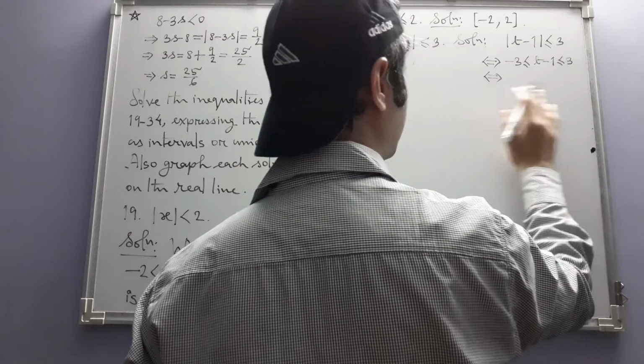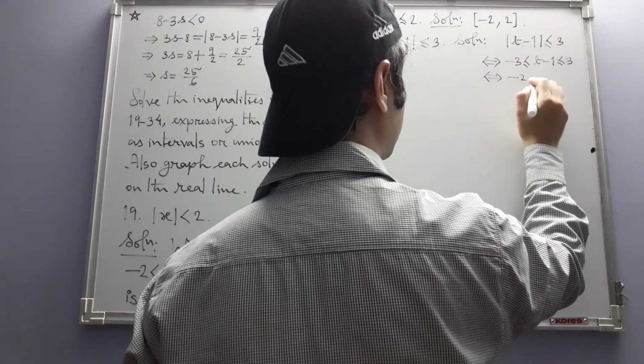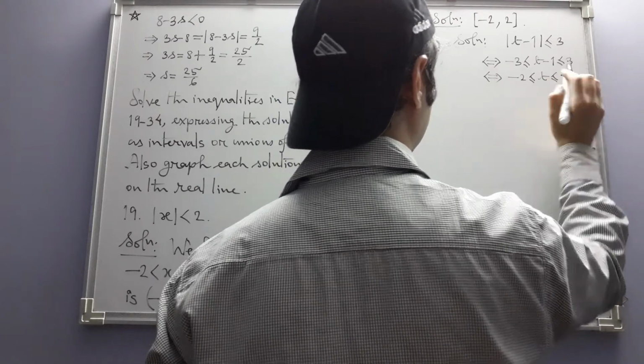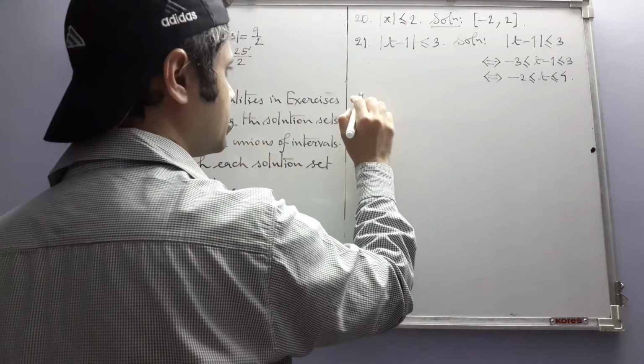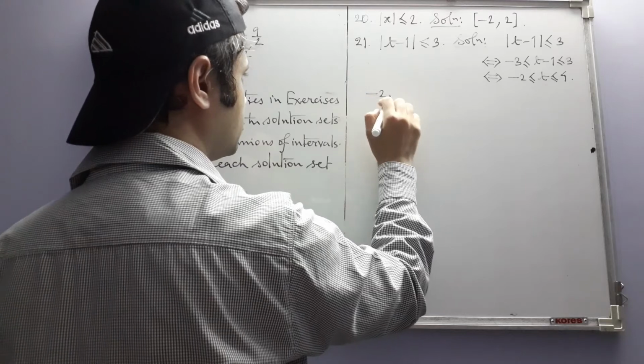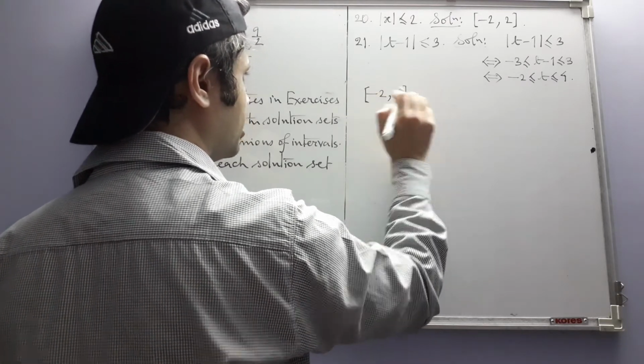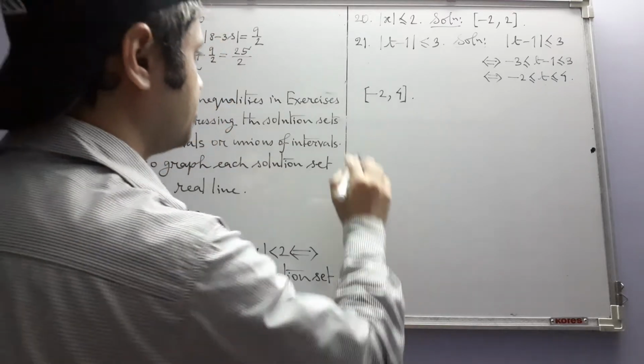So if you add 1 throughout, you will get -2 less than or equal to t, that is less than or equal to 4. So in this case the solution set is the closed interval -2, 4.